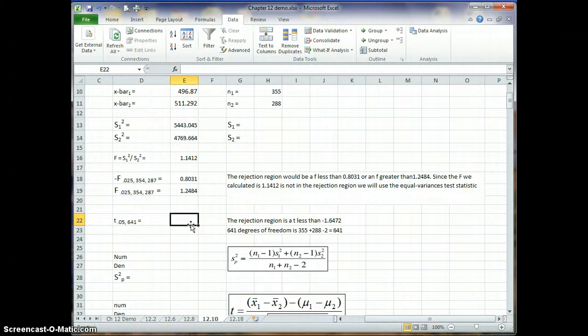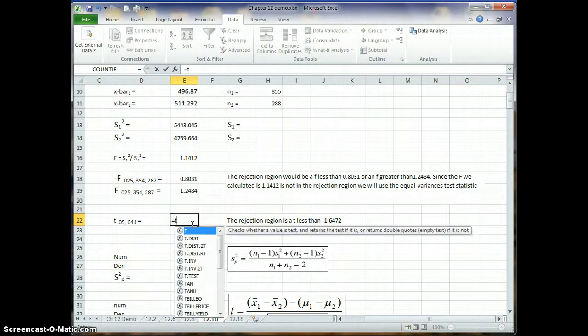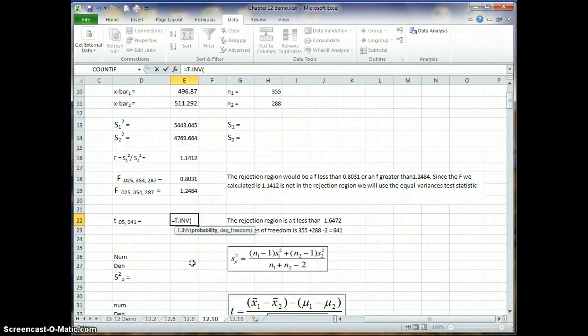So we're going to calculate for t. So it's the t inverse. And again, the probability in this case is 0.05 because we only really care about it if it improved it. We're really thinking it didn't have a negative. And then for degrees of freedom, it's 641 because we take the 355 for the before sample, the 288 for the after sample, and minus the 2 to give us 641, which gives us minus 1.6472.